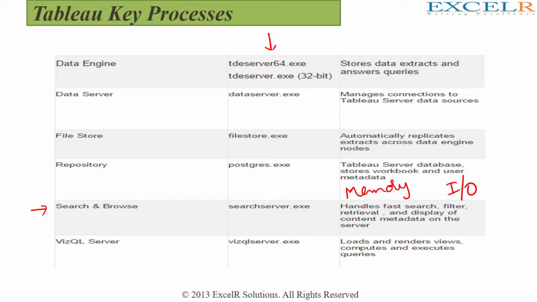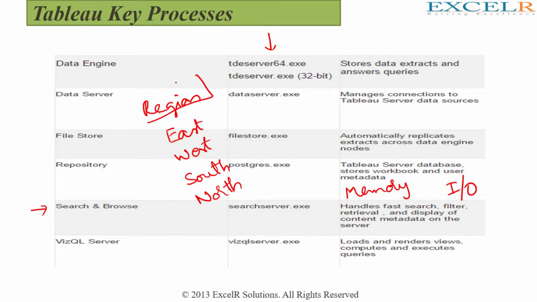Search and browse handles fast search, filter, retrieval, and display of content metadata on the server. So if you're trying to filter, probably you have a field called region, and say you have east, west, south, and north options within this region field. You can filter and say that, hey, I want to view only the east region. Right? Handling these kinds of filters is part of your search and browse process.